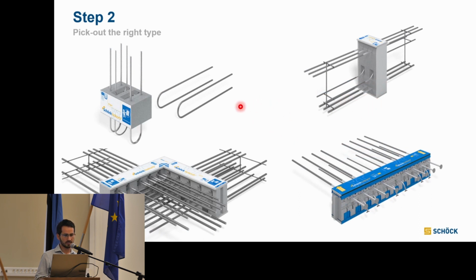Some other examples: here we have, for example, parapets, also concrete beams. This is coming in just one side, but this is pretty useful if you have a concrete to concrete connection on bigger beams. Also to show that we can do this type of connection in corners, so you get to see all the rebar going in both directions.